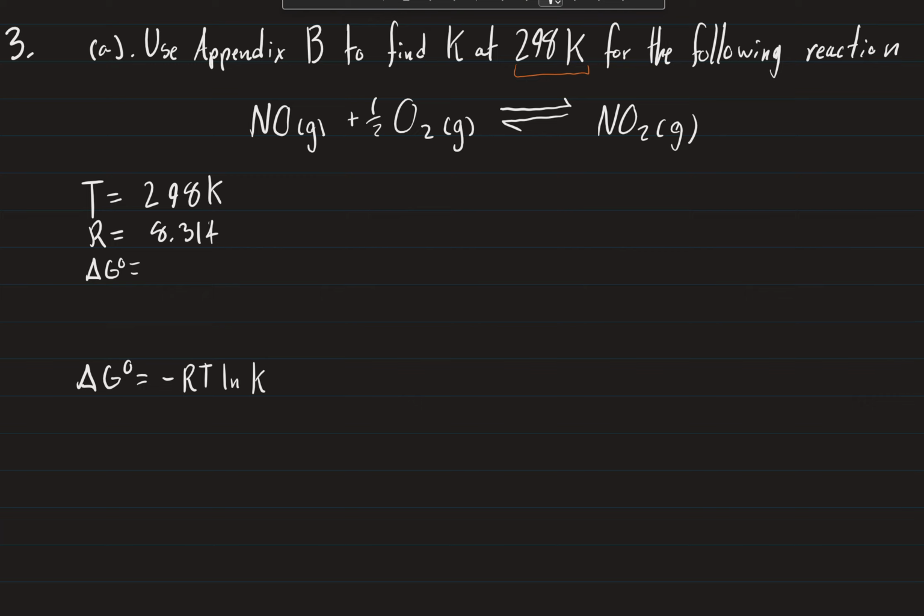So how do we find delta G? We actually use this equation right here. It's very similar to the change in entropy of the system, of the reaction. It's just going to be the summation of the moles of the products minus the summation of the moles of the reactants.